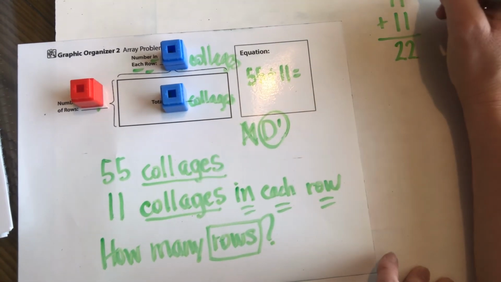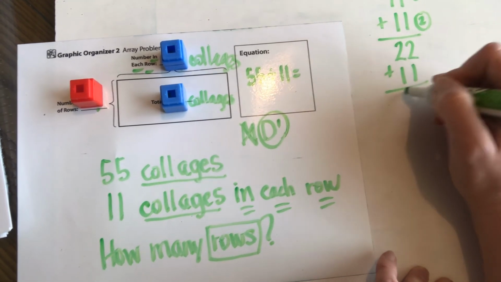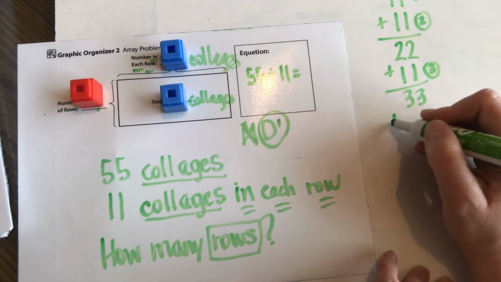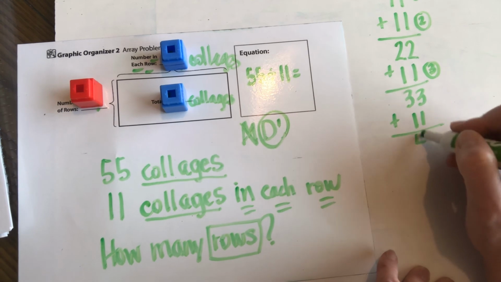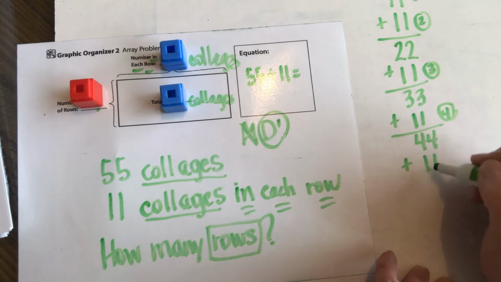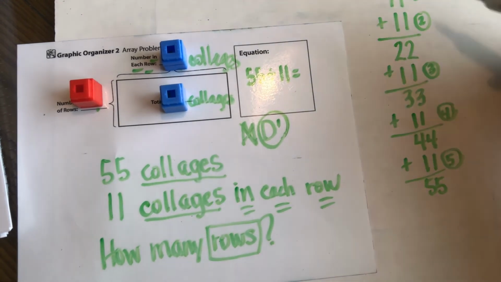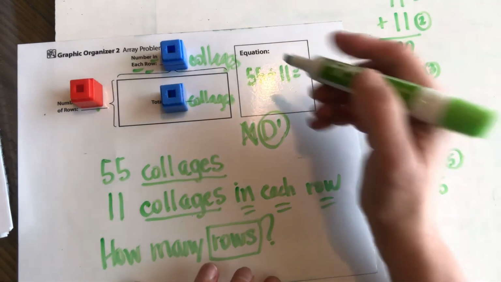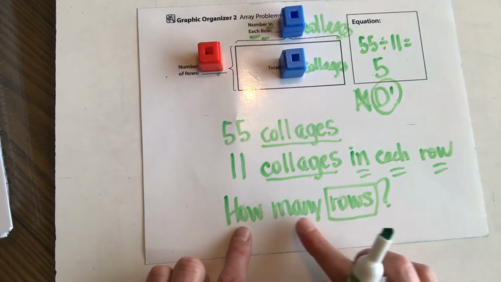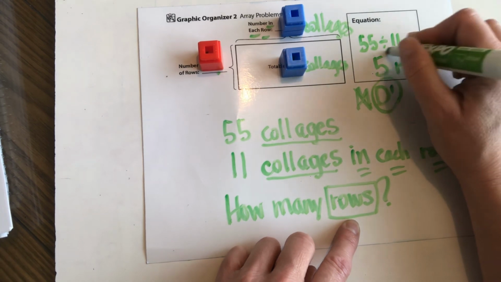So that's 1 11. That's 2 groups of 11. Let's add another 11. That's 3 groups of 11. We're getting closer. Add another group of 11. That's 4 groups, gives us 44. We got to 55, and it took 1, 2, 3, 4, 5 groups of 11. So 5 is talking about how many rows? The answer will be 5 rows.